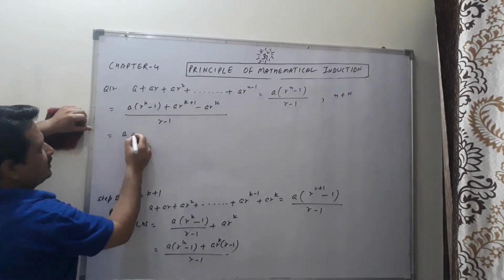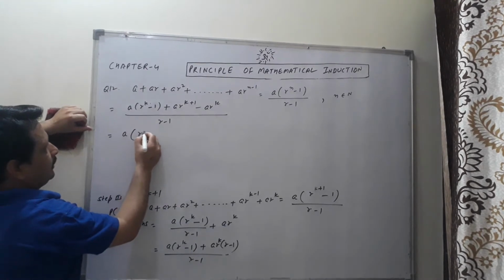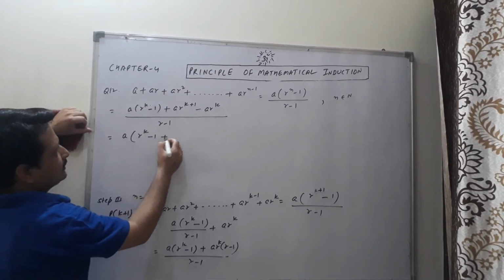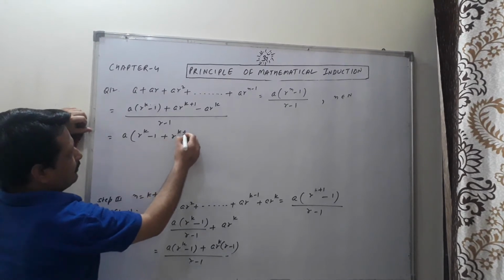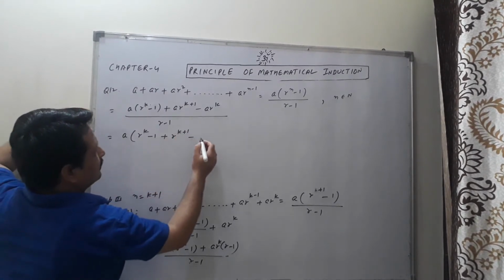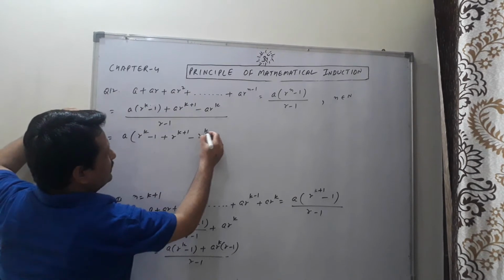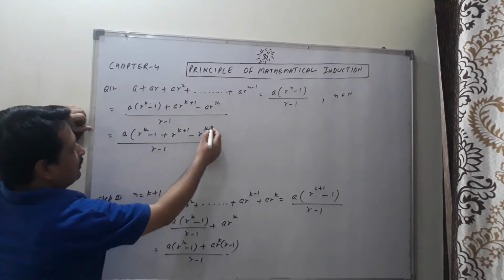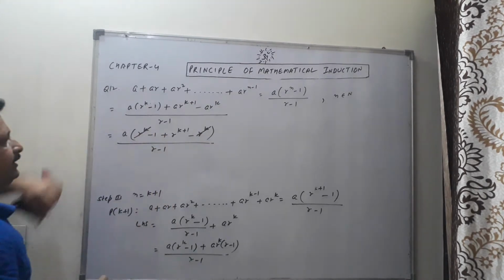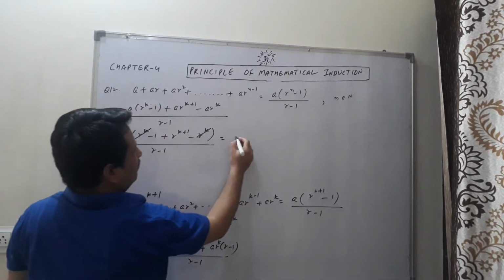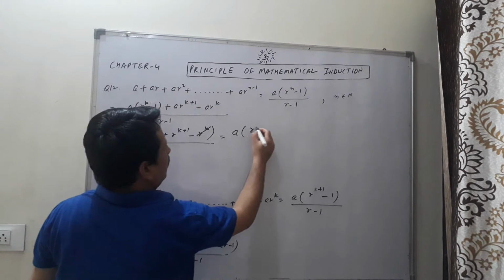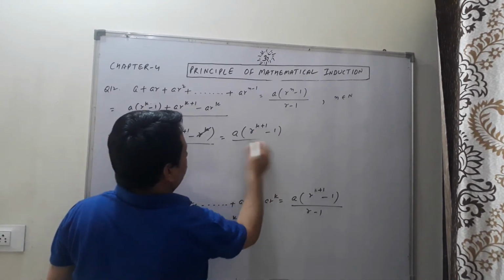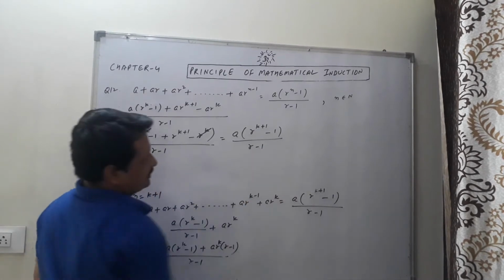Students, here A is common in all. Inside the bracket there is A into R to the power k minus 1 plus R to the power k plus 1 minus R to the power k, upon R minus 1. We can cancel it. It will come as A into R to the power k plus 1 minus 1 upon R minus 1.